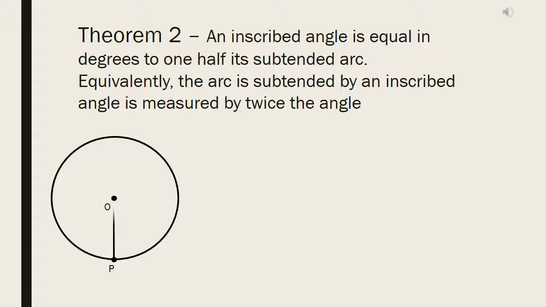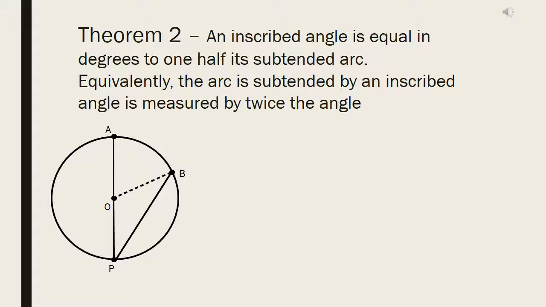This means from point P to O, straight on to the other side of the circle at point A. Now let's draw a line from point P to another part of the circle. We'll call that point B. And then let's draw another line from B to center.